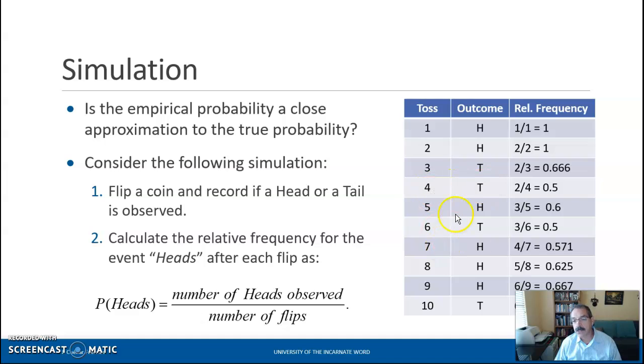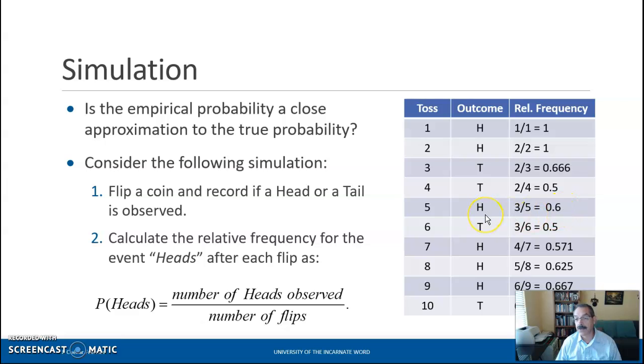And then you continue calculating the relative frequency as more experiments are accumulated. You see that the relative frequencies go from 1 all the way to 0.5. Sometimes it is exactly equal to the theoretical probability, sometimes it's higher, but it's jumping around quite a bit.